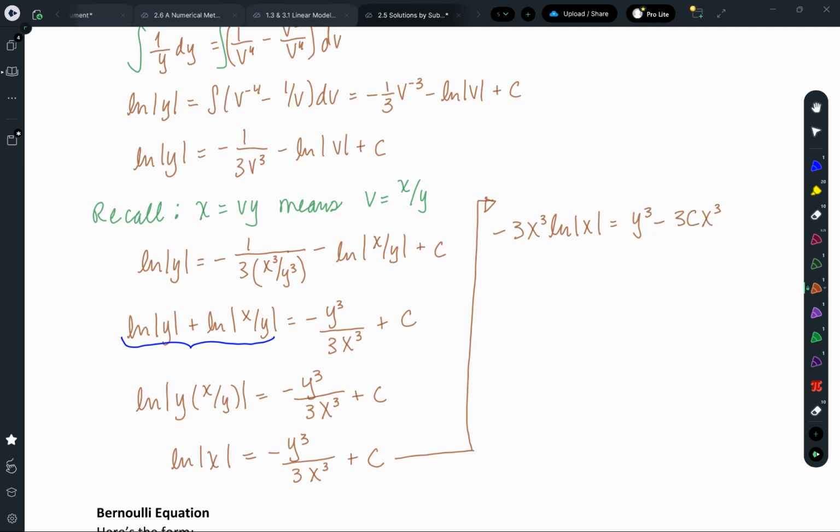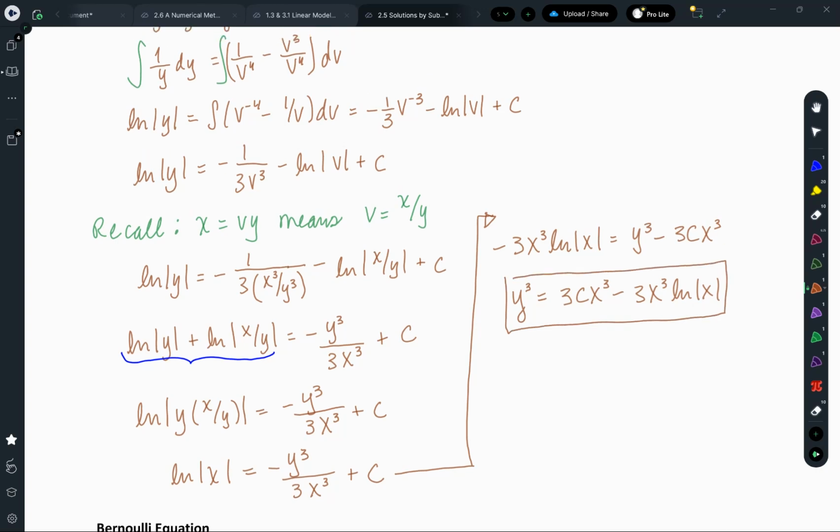And the last step is for me to add the 3cx cubed to the other side and finally have y cubed is 3cx cubed minus 3x cubed times the natural log of the absolute value of x. And that's it. That's all I can do.